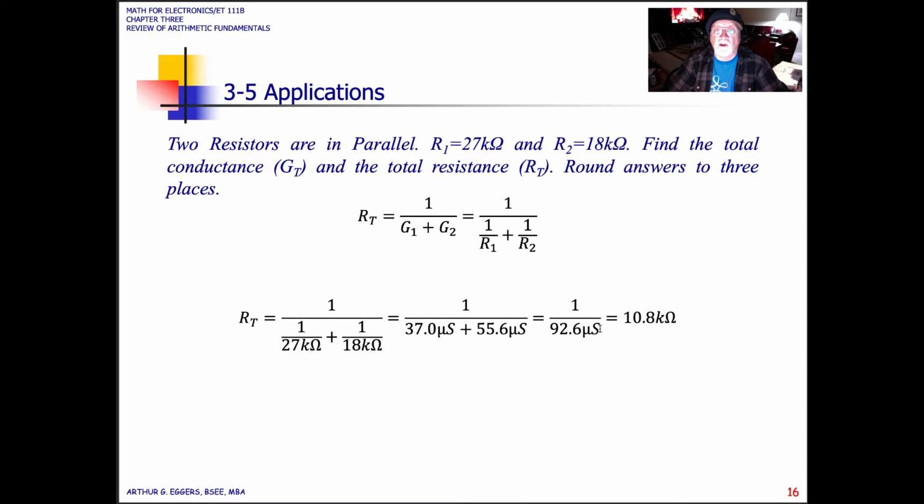So that's the total conductance. Now what I need to do is invert that, and I get 18.8 thousand, or k ohms. So I've calculated to this step the conductance in the denominator, and then when I inverted it, I got the resistance numerator.